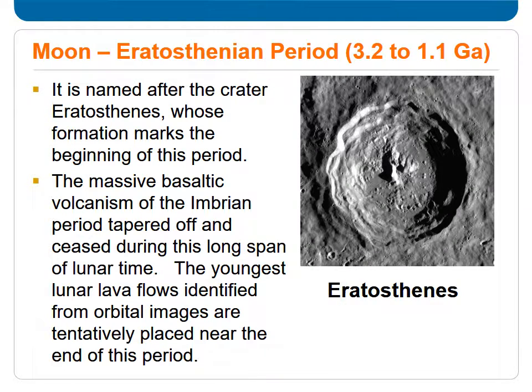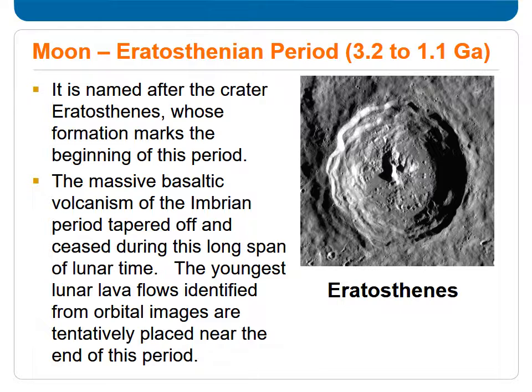The Eratosthenian period in the lunar geological timescale runs from 3.2 to 1.1 billion years ago, and it is named after the crater Eratosthenes, which displays characteristics typical of craters of this age, including a surface that is not significantly eroded by subsequent impacts, but which also does possess a ray system.